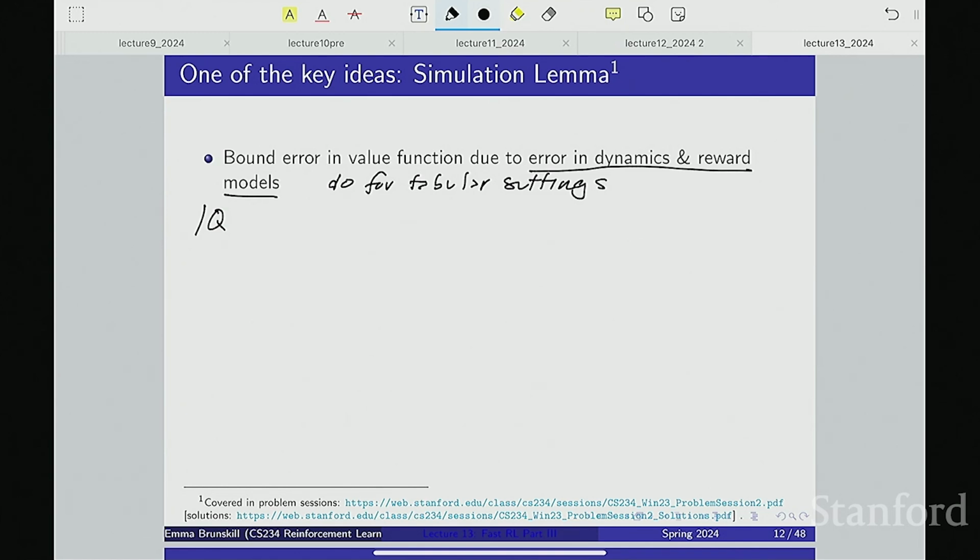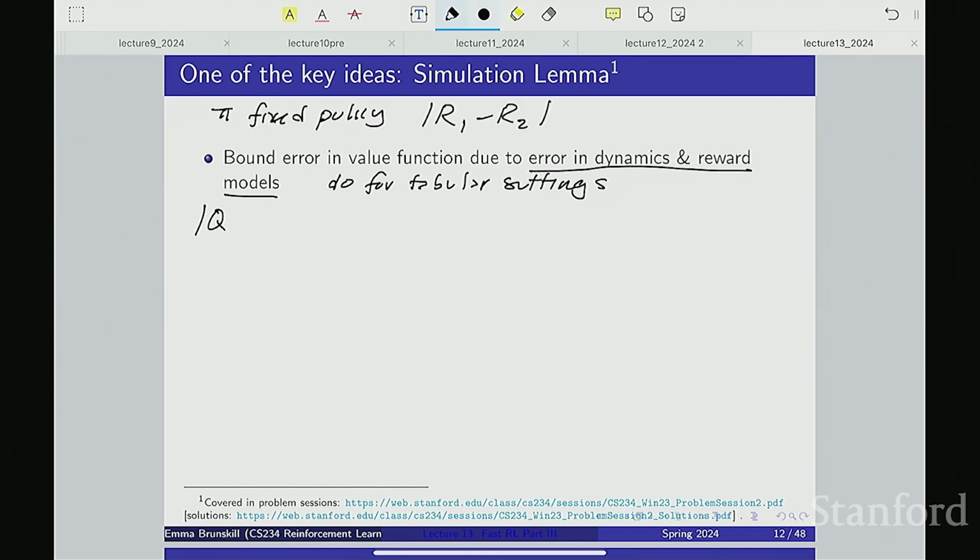We're going to assume that we have pi as a fixed policy, and that we have a max norm on the reward, R1 minus R2.